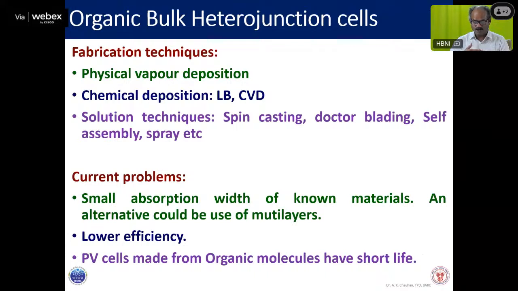So we deposit one layer over another layer and increase the absorption. Then efficiencies are lower. That is a common problem, and the efficiencies are lower because of so many issues I explained.